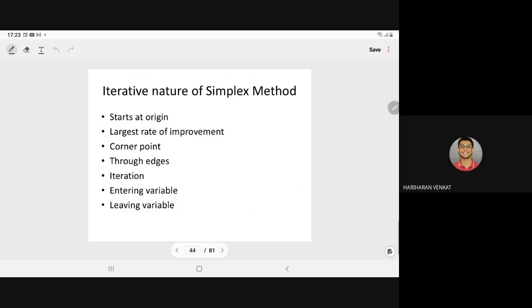Now next we have to move to the very important part, the simplex method. The simplex method is iterative in nature, meaning we always start the iteration from the origin. Then we move in the direction of maximum improvement. Wherever we have the maximum improvement, in that direction we go in the next iteration.